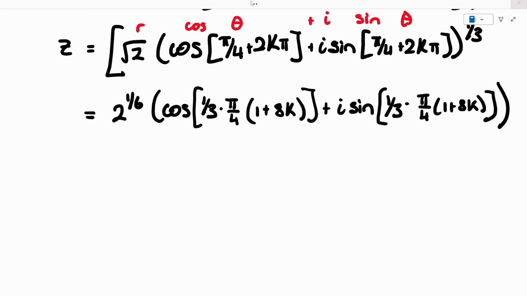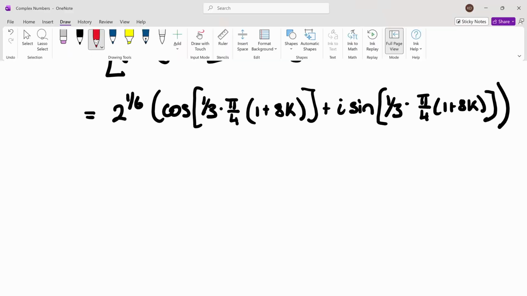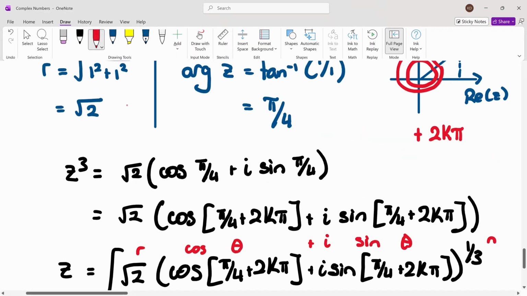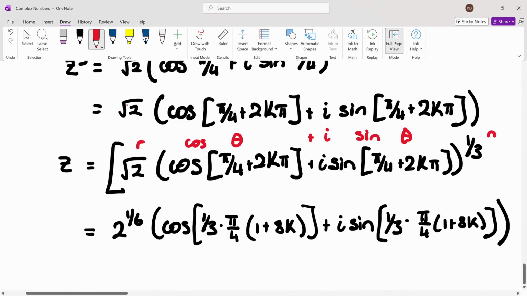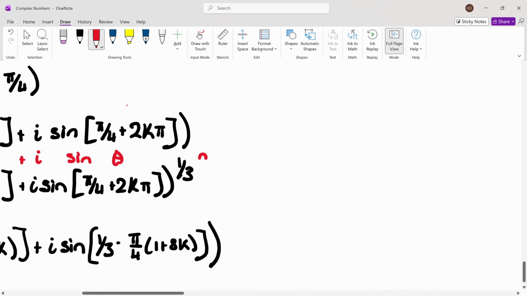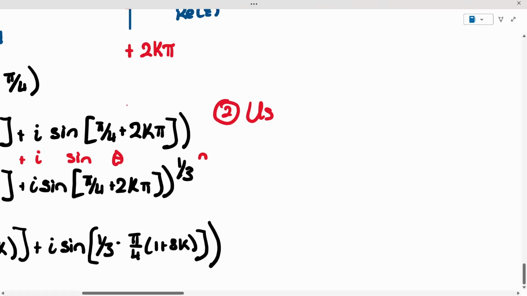Right. So the last step here, we could put step 2 over here: use De Moivre's theorem.